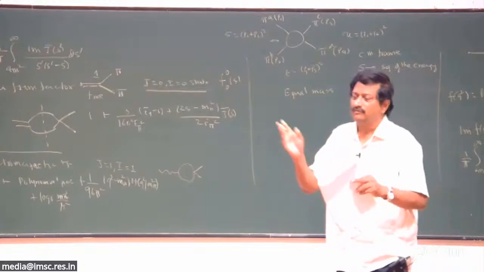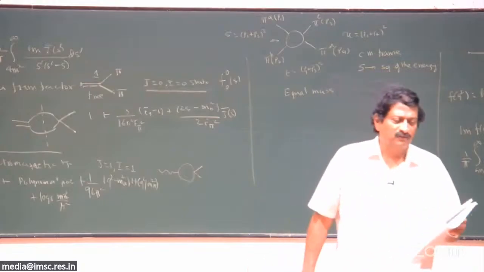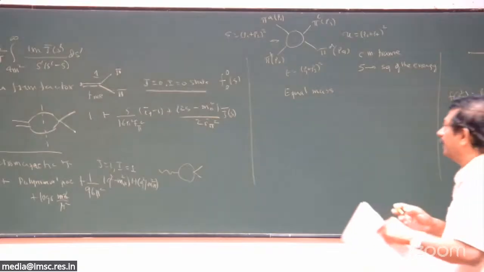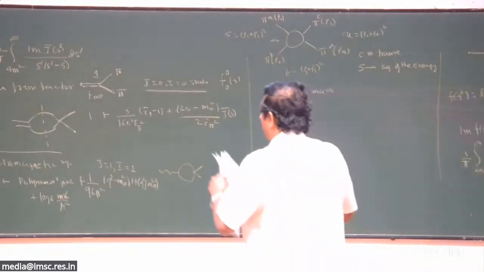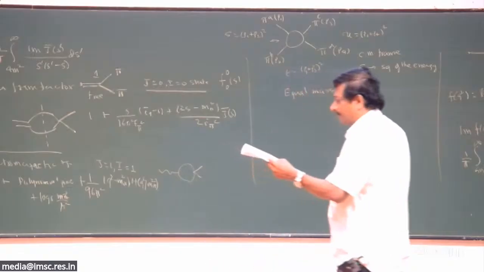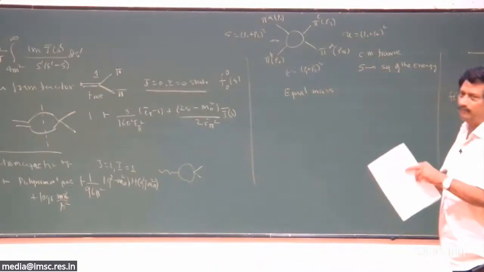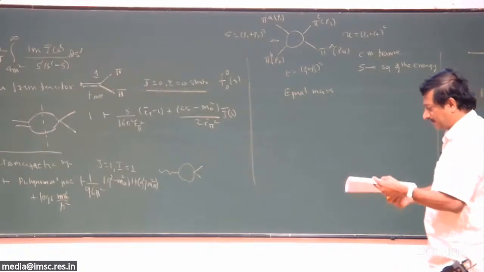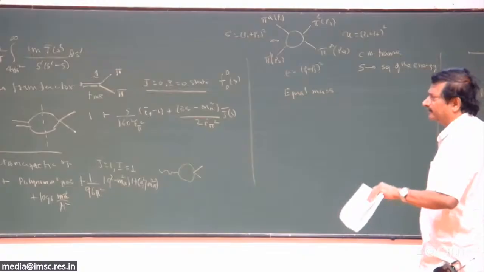For instance, pi K to pi K scattering in the T channel is a different process. It's pi K to pi K in the S channel, and it becomes pi pi to K K bar in the T channel. It's much more complicated. The masses are unequal, and you don't have a straightforward relationship between cosine theta and S, T, U, and it's just a mess.